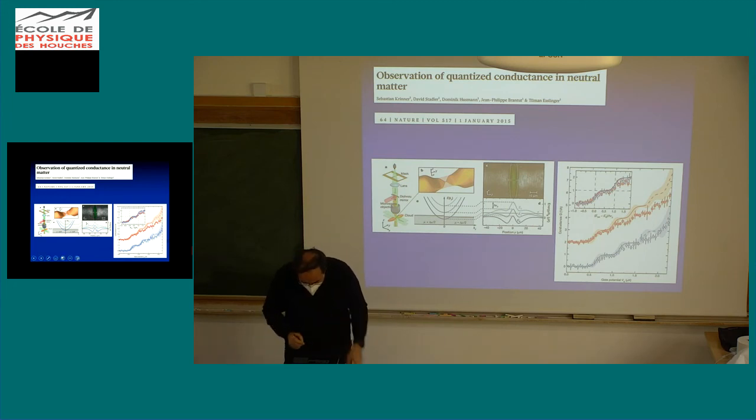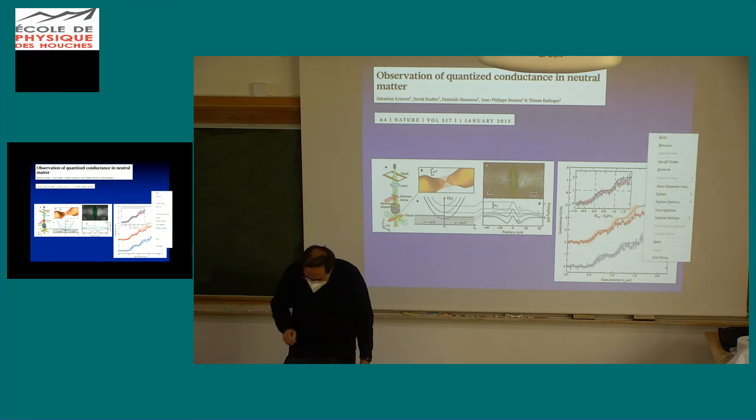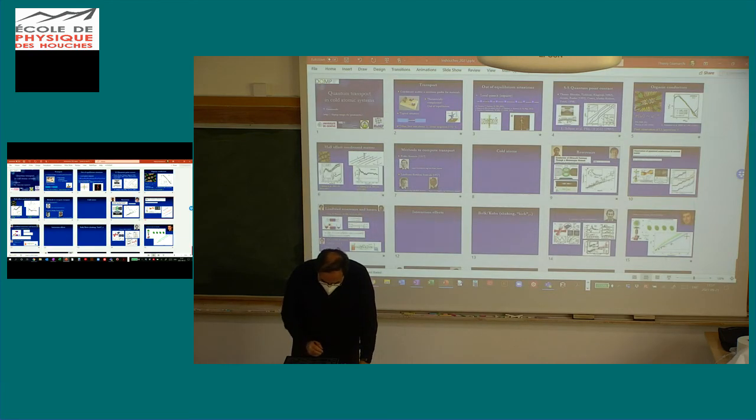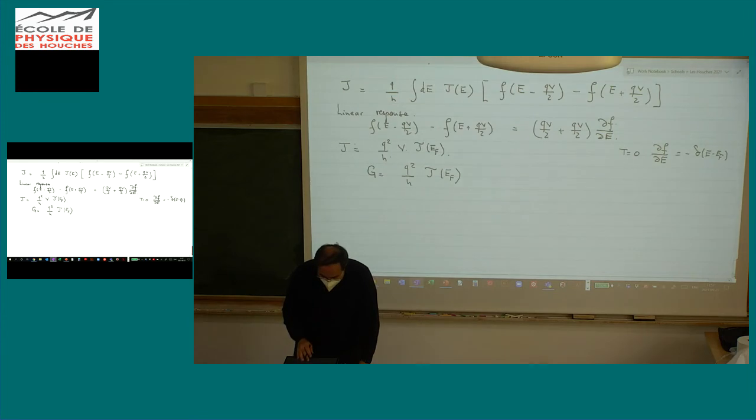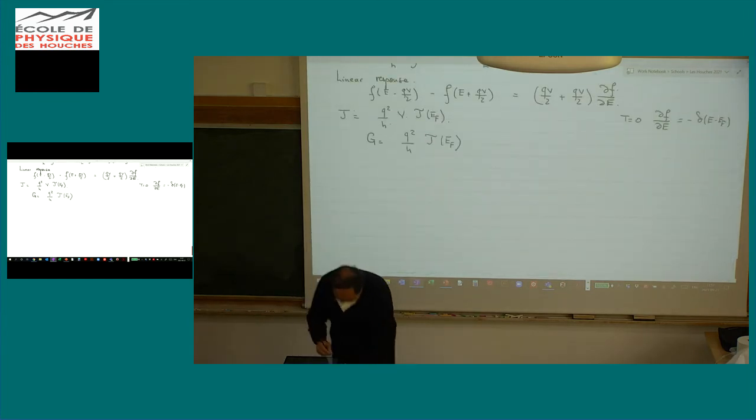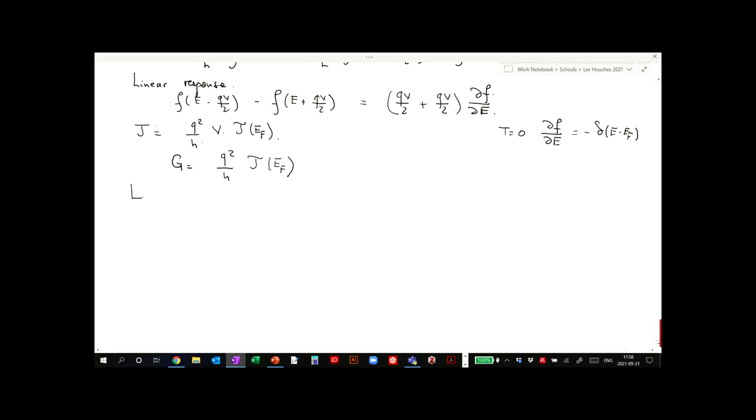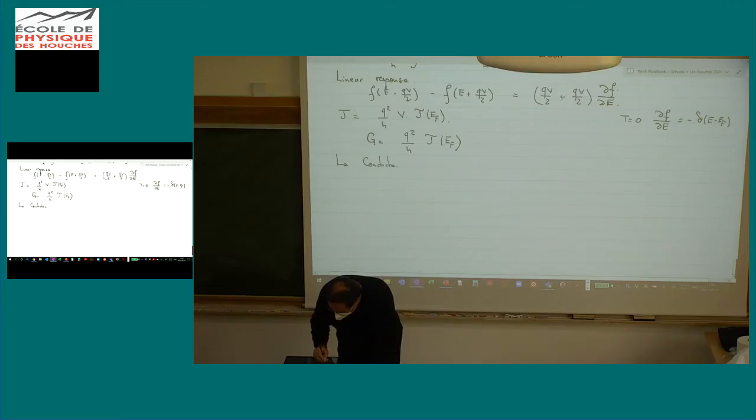Okay. Where is the catch with Kubo? That's a difficult question. So this is in agreement. So this leads in particular to conductance quantization.